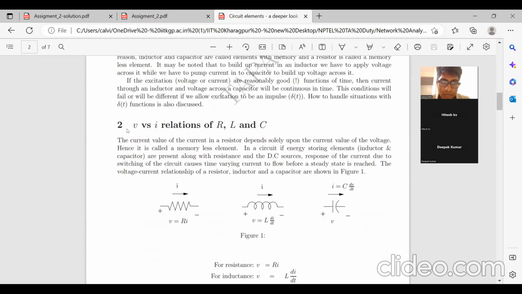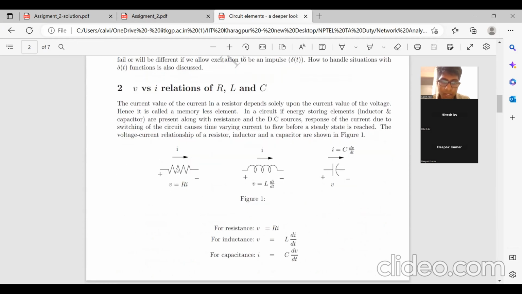Now these are the voltage versus current relations for R, L, and C. For a resistor, it is simple: V equal to IR. It doesn't require any previous information. Now for an inductor, it is V equal to L di/dt.